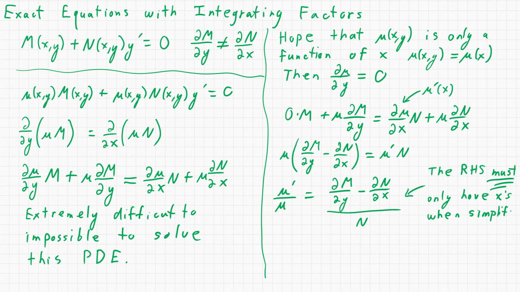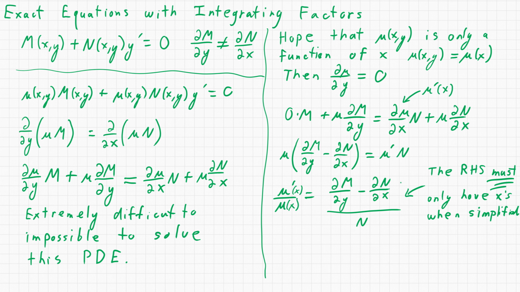The reason is that we have mu prime of x over mu of x, and this thing is a function of x. If it has y's in it, it has broken our assumption. We made this hope that instead of mu being a function of both x and y, it's just a function of x. So for this side to ever equal this side, we need to make sure the only thing over here is x. Sometimes it happens, sometimes it doesn't.